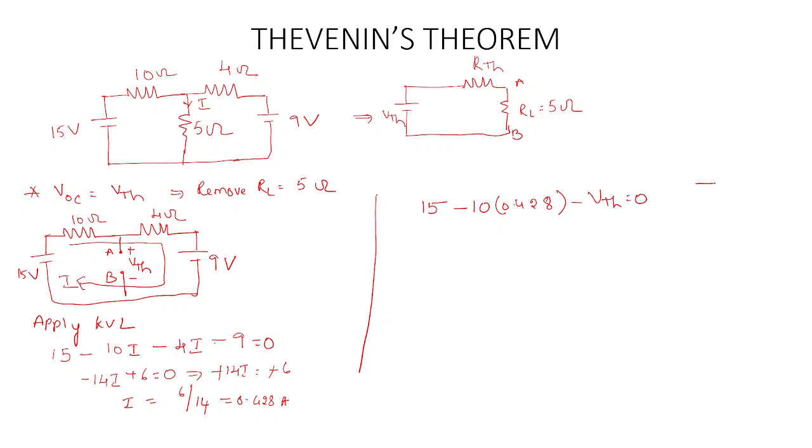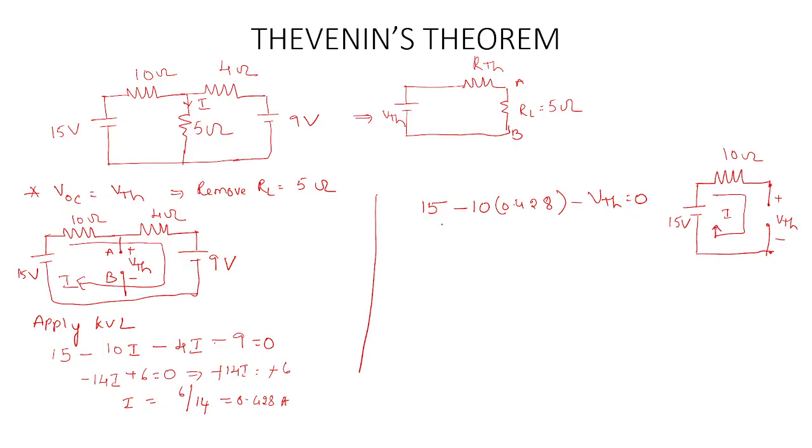So this can be easily understood by considering 10 ohms, because our aim is to calculate the voltage across the open circuit terminals. So this is V Thevenin, plus to minus, right. So current is flowing in this direction.